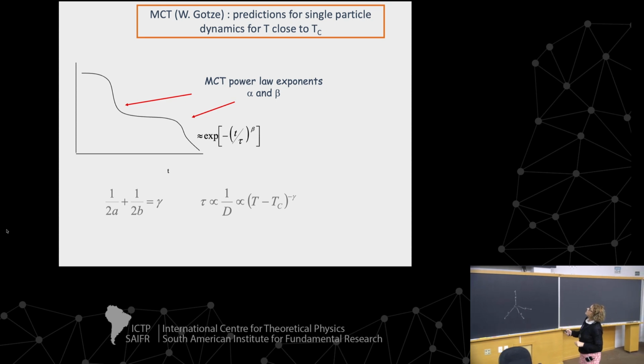So for the single particle, let me recap again: A, B, the stretched exponential (t over tau) to the beta, so also beta, and then this relation and this relation. If you calculate the f of q,t not as a function of q, but at a constant q, then it's better to do it at the peak of the structure factor, where all these relationships are better calculated because you are focusing exactly on the cage.